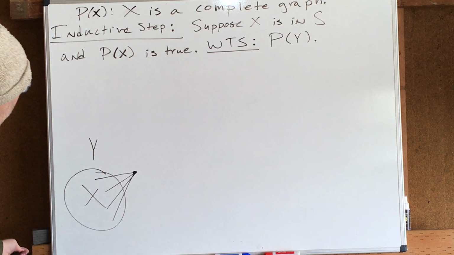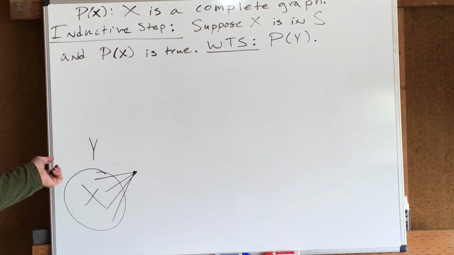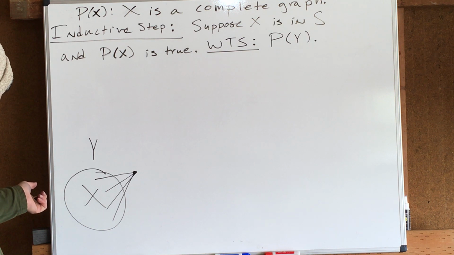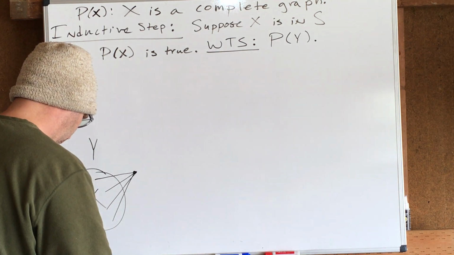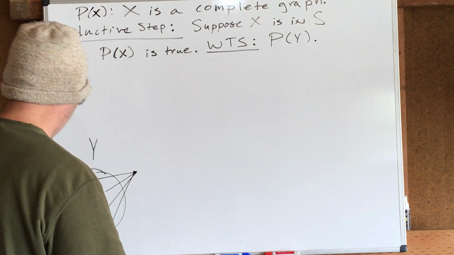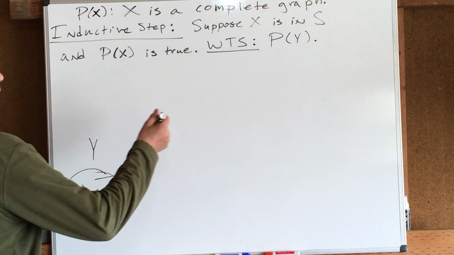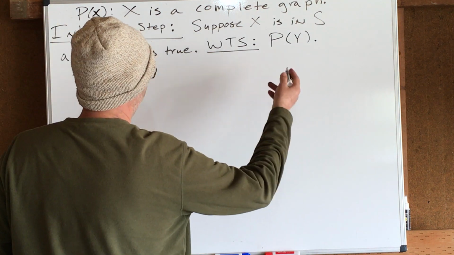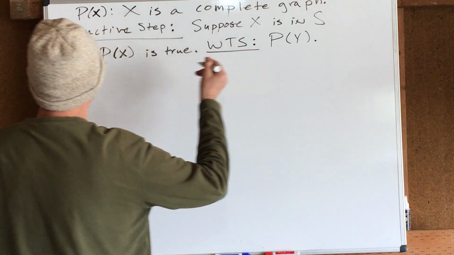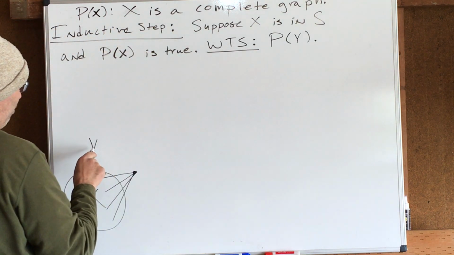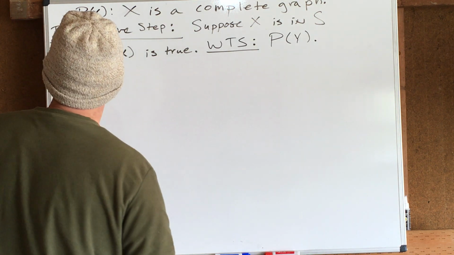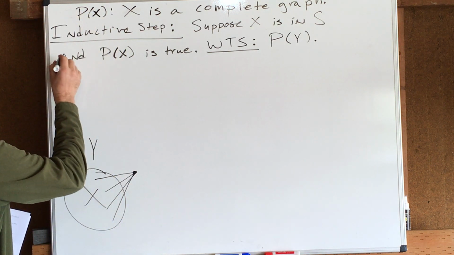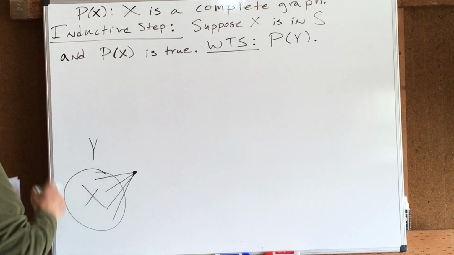So we're going to explain why the graph y has all possible edges. Let's think about this.